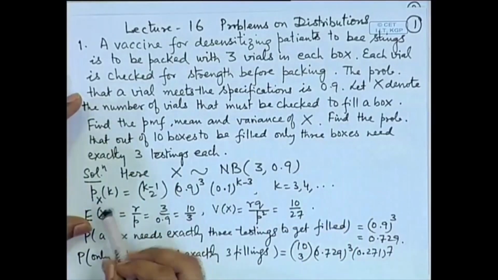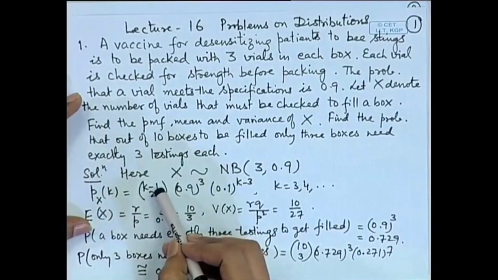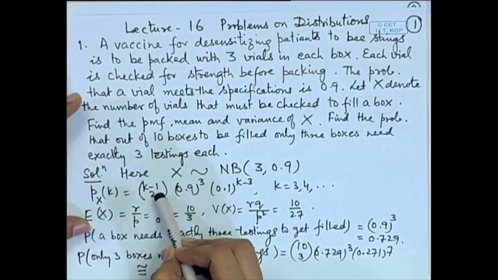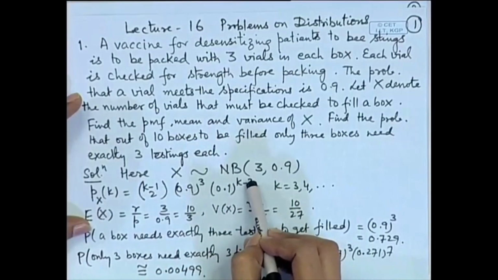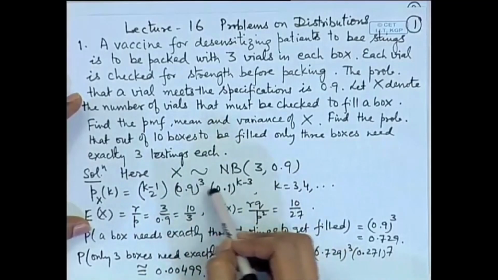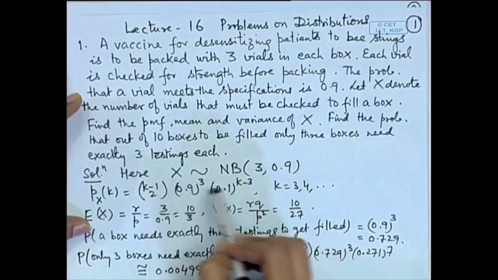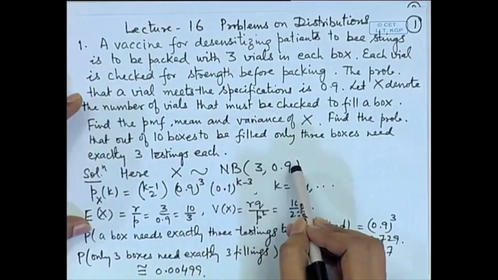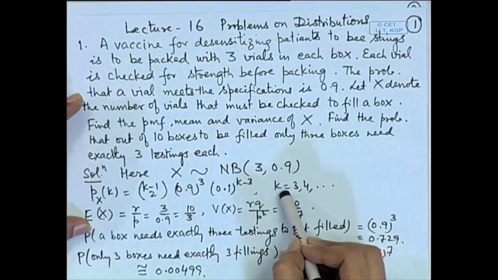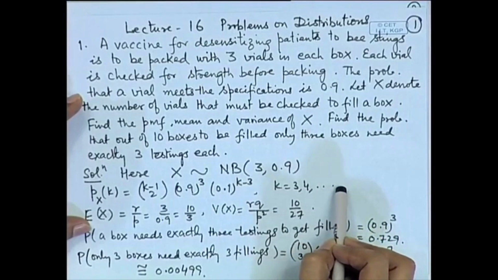That means, the probability mass function of this will be (k-1)C2 0.9^3 0.1^(k-3), which is the probability mass function of a negative binomial distribution with parameters r equal to 3 and p equal to 0.9. The values of k are 3, 4 and so on.